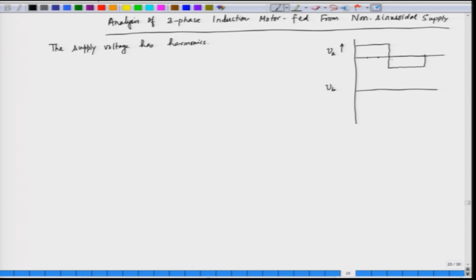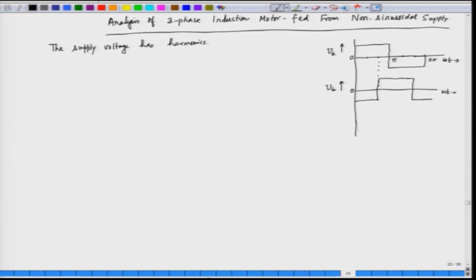This is 180 here, pi, and this is 2 pi. So, the phase B voltage will be like this. This is phase B voltage and the x axis is omega t.